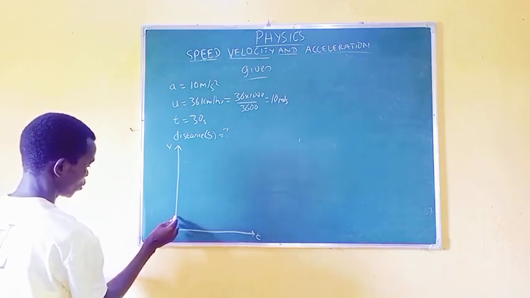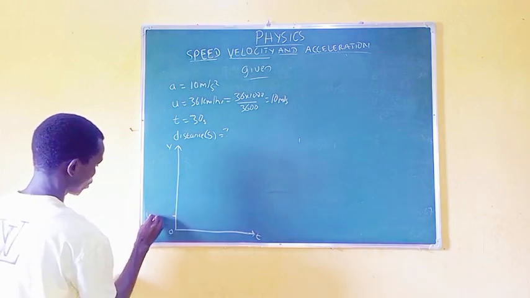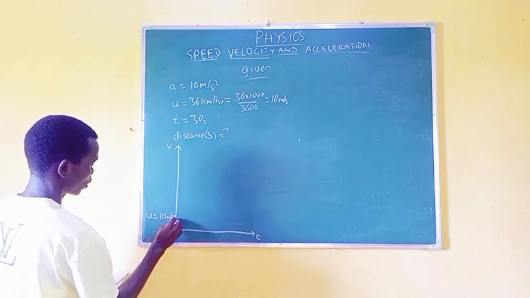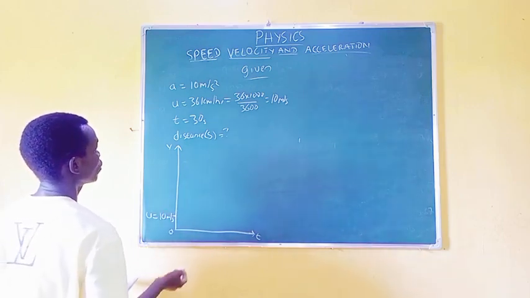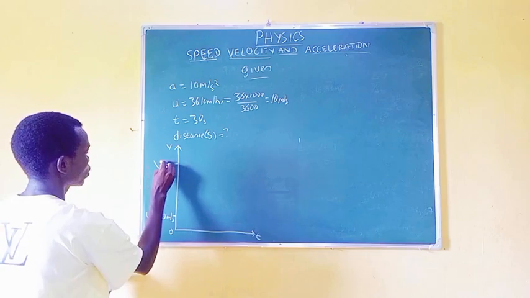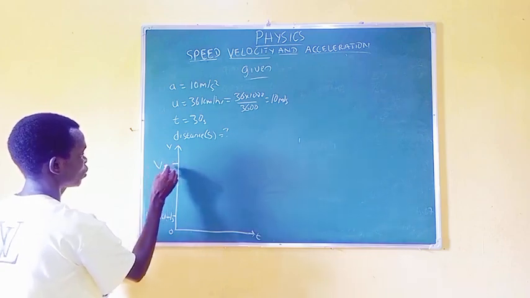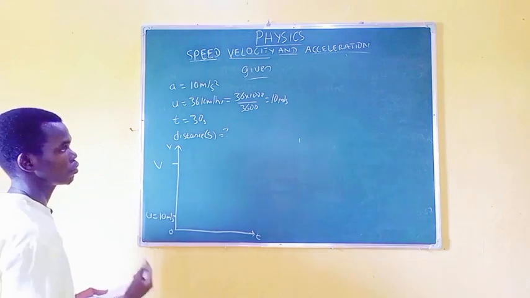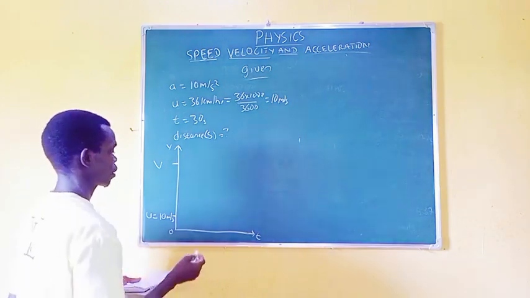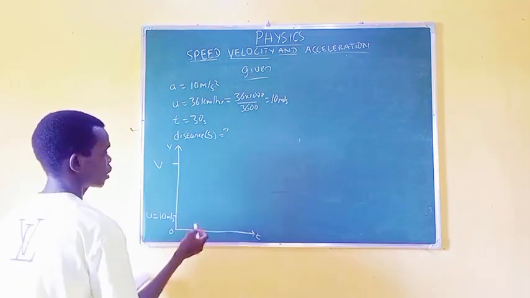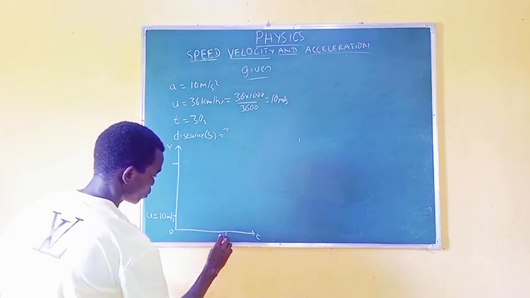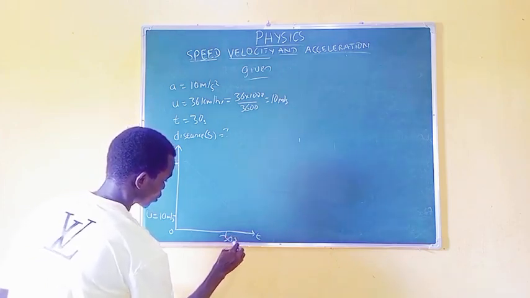Let's assume here to be the initial velocity, which is equal to 10 meters per second. And the final velocity, let's assume it to be here, v. Since v is not given, we will also find the final velocity. And the final time, which is 30 seconds, let's assume here to be 30 seconds.